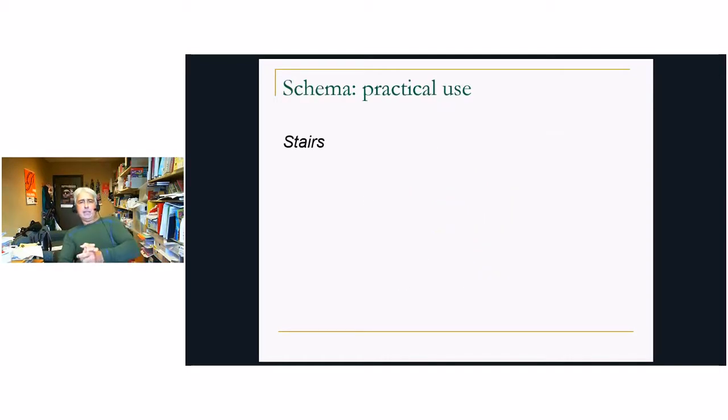Now, a schema for practical use. As an example, we can take the word stairs. Asked to define what stairs are, there were a number of good responses in yesterday's Skype session, and you all agreed that it is some kind of a contraption that can ensure movement either up or down.